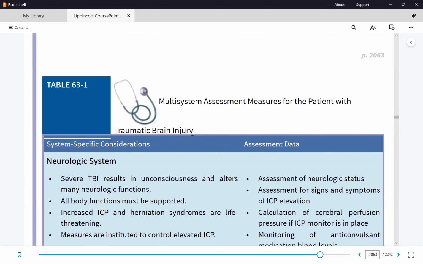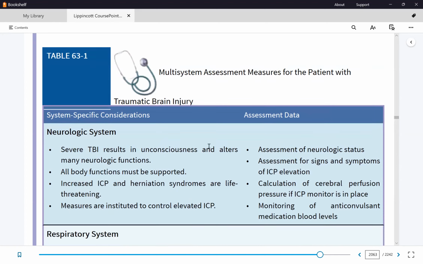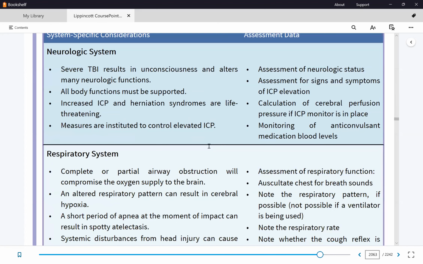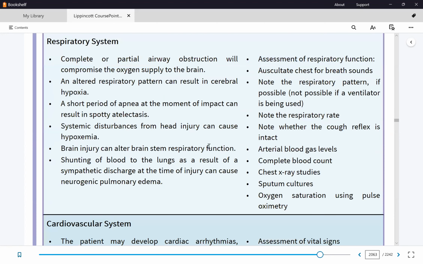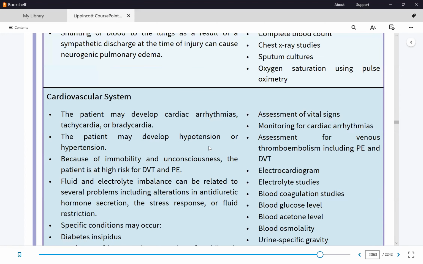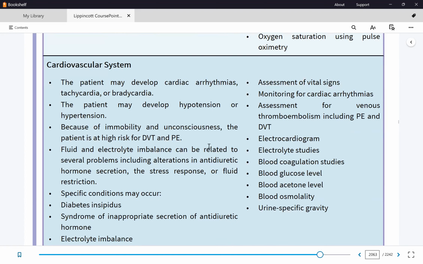Okay, table 63-1, these are the manifestations by system. So neuro, respiratory. Why are respiratory and cardiovascular affected here again? It's a head injury. So why are there respiratory and cardiovascular changes, heart rate, respiratory?